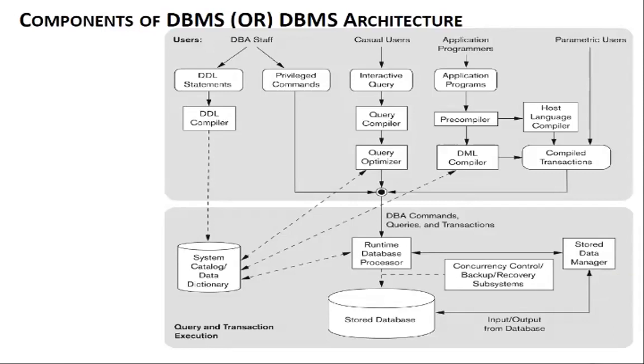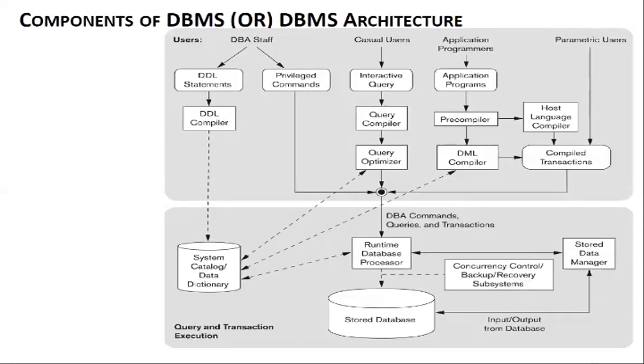Then you have the concurrency control, backup, and recovery subsystem. This is mainly used during database transactions, so we have the compiled transaction also. We apply the concurrency control, backup, and recovery subsystem during transaction time.